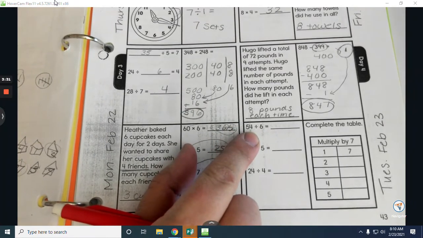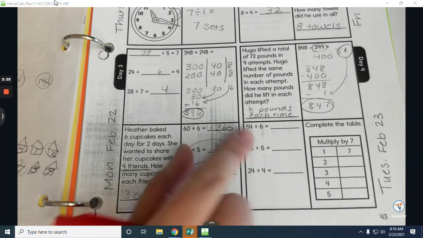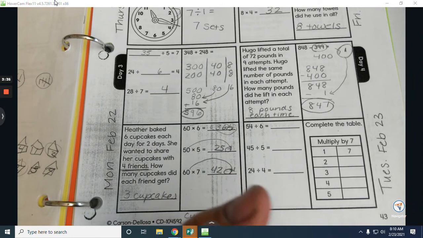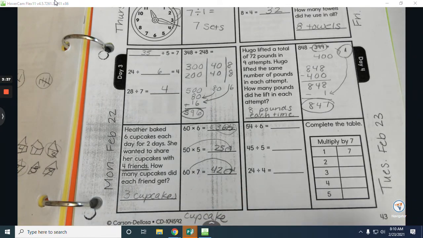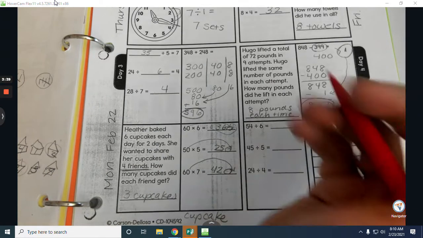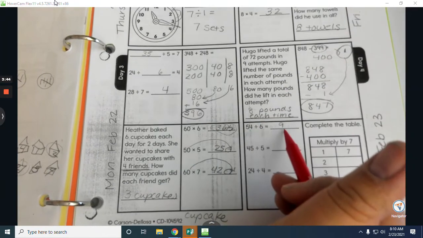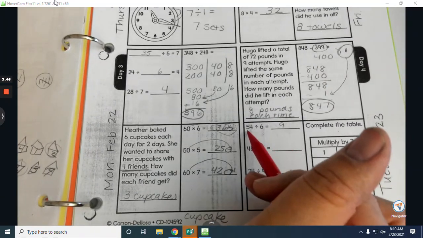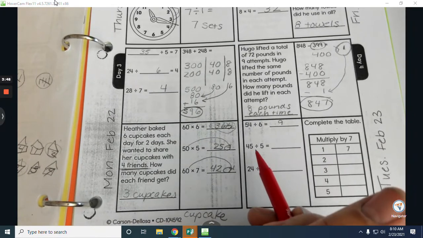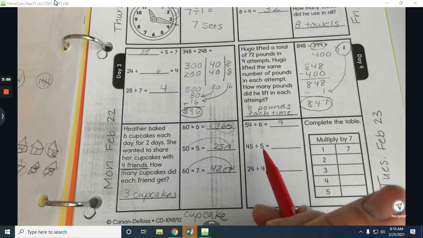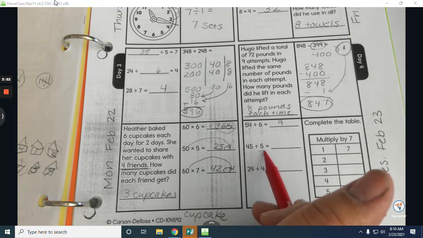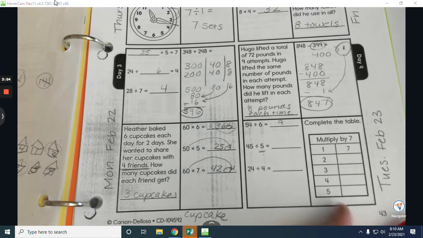Okay, 54 divided by 6. 54 divided by 6 is going to be 9, because I know that 6 times 9 is 54. 45 divided by 5. Okay, well, for this one, let's count by 5s until we get to 45.